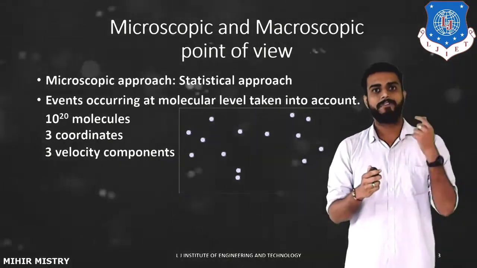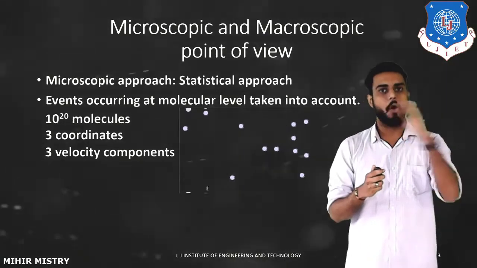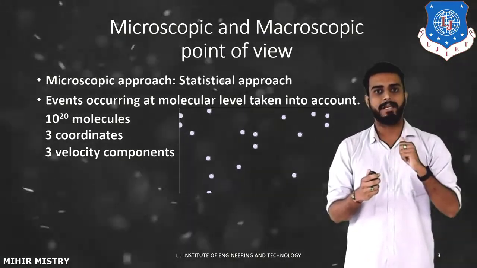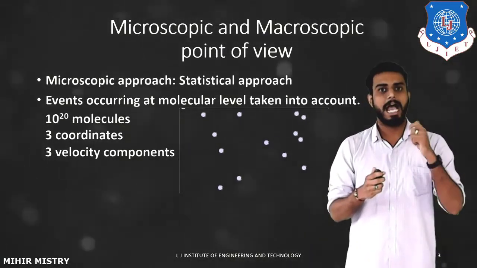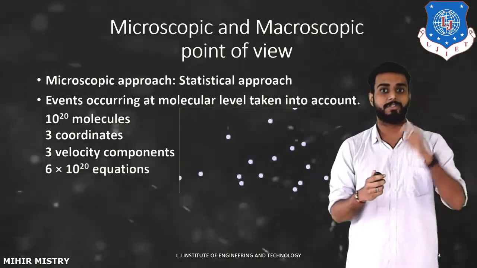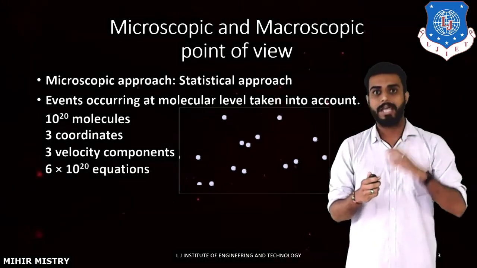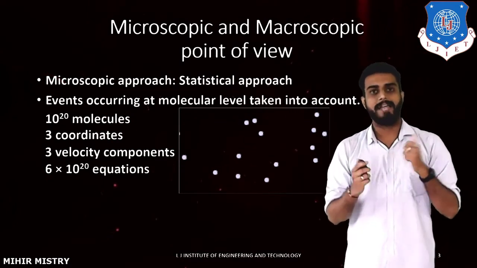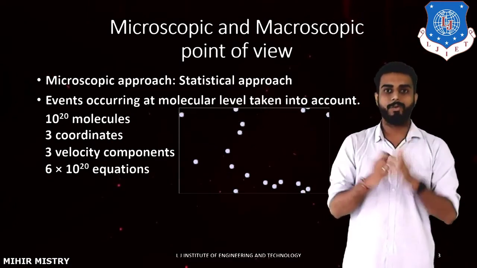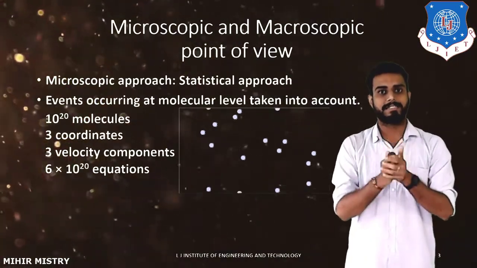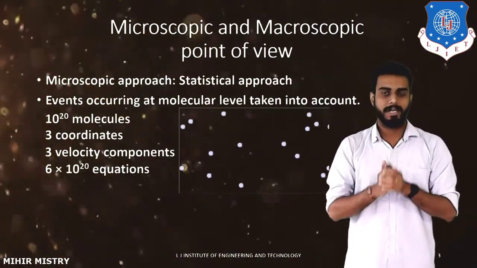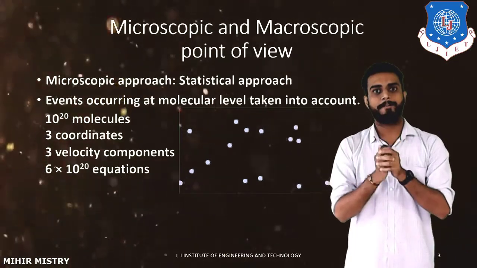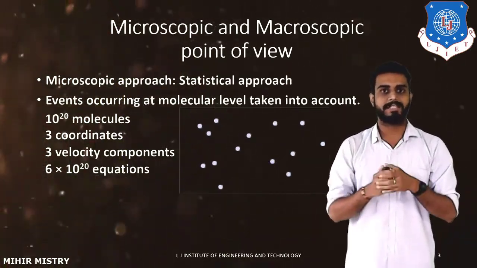So together, if I want to define the velocity of all molecules present in this vessel, I will require 6 into 10 raised to power 20 equations. And if it is difficult to solve this many equations together and simultaneously, one can take the statistical mean of these equations, right? So that is why this approach is also known as the statistical approach.